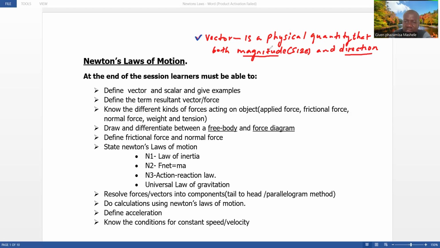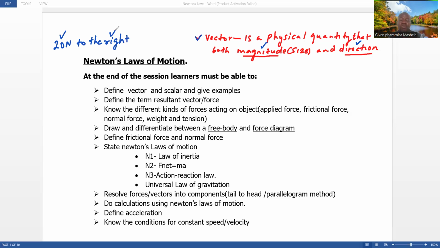For example, if I say I'm applying a force of 20 Newton to the right, this is an example of a vector because I'm specifying the magnitude and also the direction of that vector.